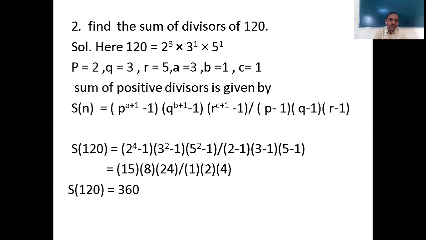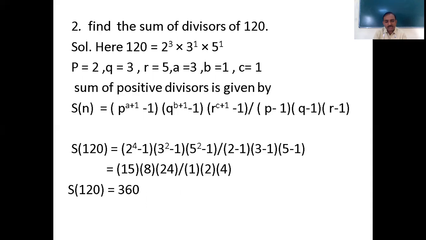So as we have to find the value here, S of 120 is equal to 2 raised to 4, as we have A equal to 3 here, plus 1 that will be 4. 2 raised to 4 minus 1. In the same way, (3 square minus 1) into (5 square minus 1) divided by (2 minus 1)(3 minus 1)(5 minus 1).